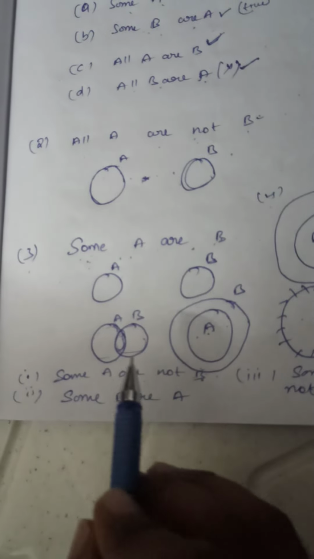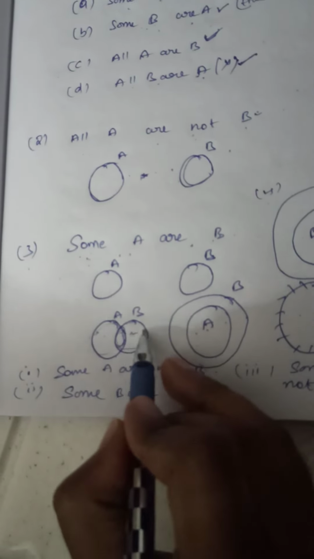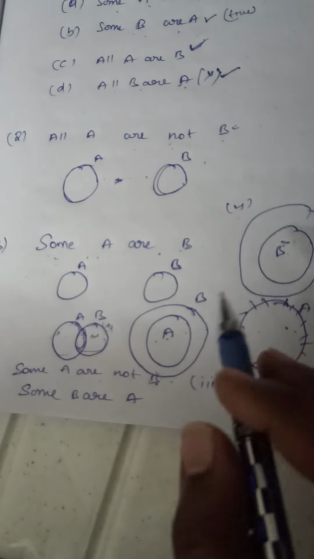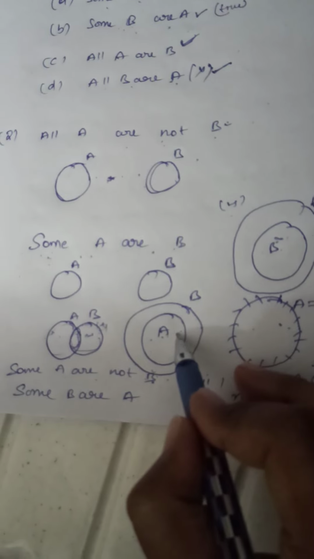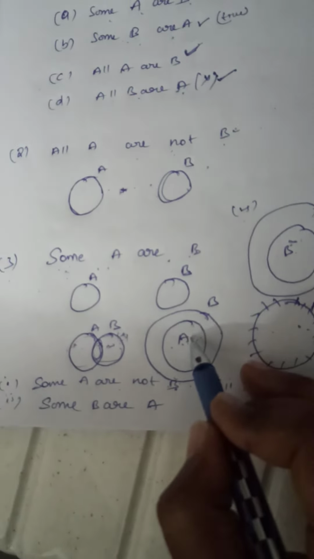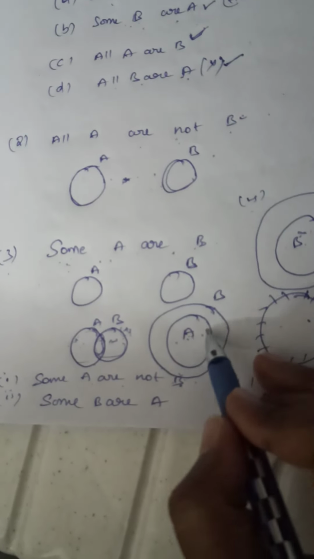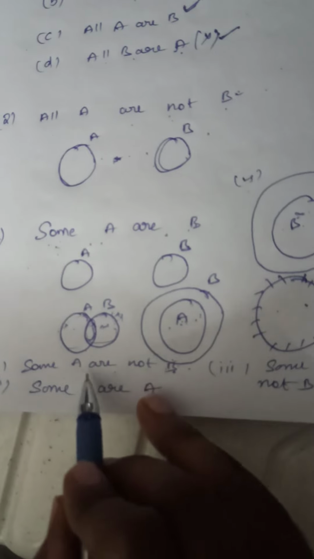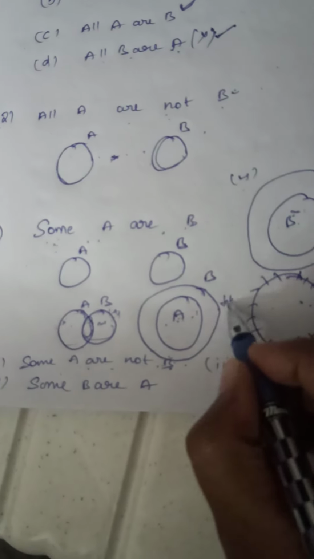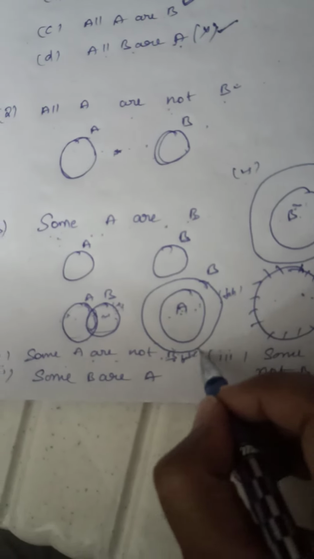This is A, this is B. There is nothing common between them, so some A are not B. This is true for this one. But here, all A's are B. From this possibility we can say all A's are B. There is no possibility that some A's can't be B. So this is false. If one of the possibilities is false, the statement is false. This statement is false, friends.